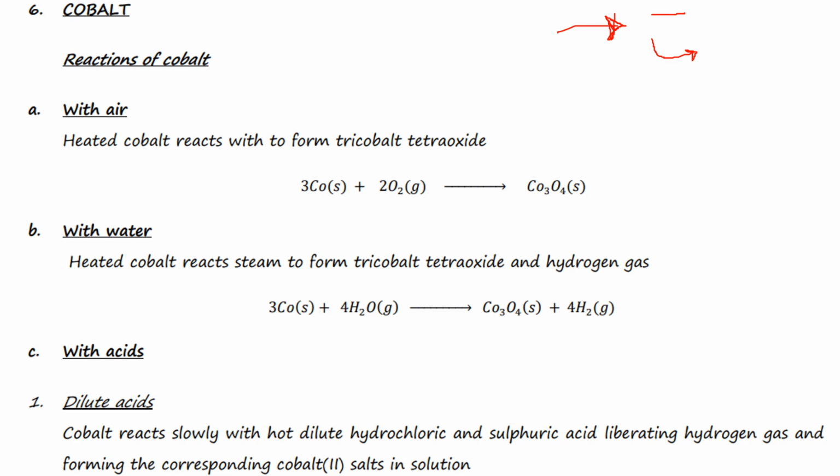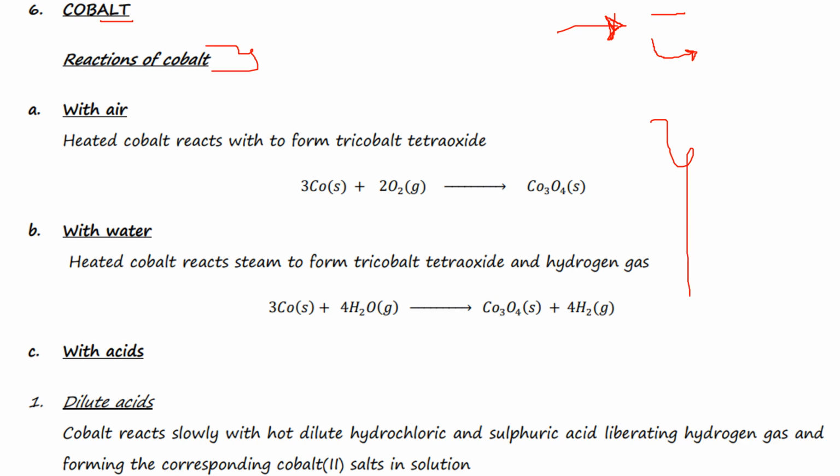Now starting with cobalt, let's first look at the reactions that are going to be undergone by cobalt. So we're going to look at the reactions with air. Now since I've overemphasized reaction conditions, I'm not going to be overemphasizing them also in this video.